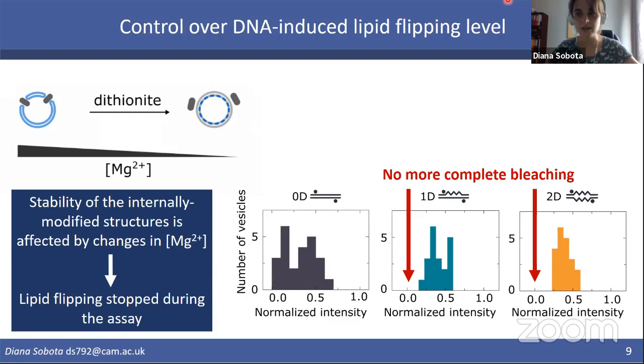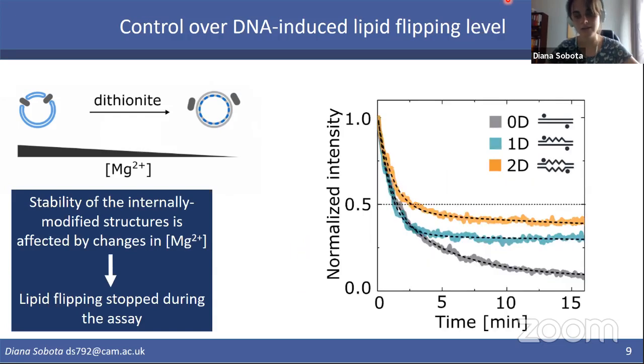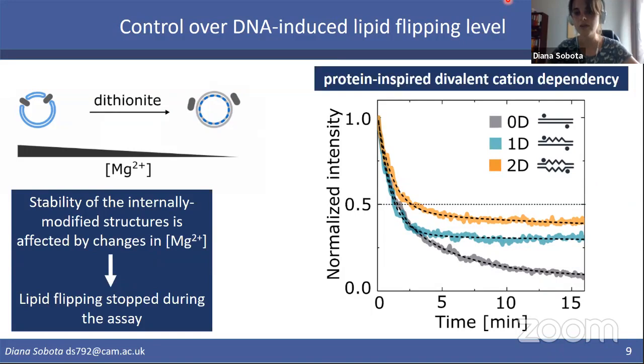And if we again look at the time traces, they look roughly like this. We average over the vesicles measured, which starts resembling how proteins look, because they can stop whenever they want. Of course, we're nowhere near the level of control that proteins have, but this is already very promising.